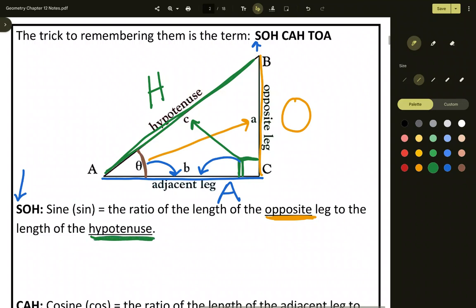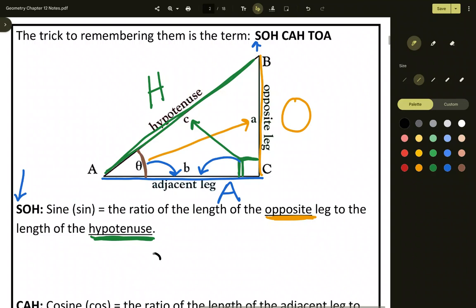That ratio is always equal to a certain value, because all similar triangles with that particular angle measurement have the same ratio value. Our calculators have been pre-programmed with that ratio value, and it comes from the sine button on our calculator.